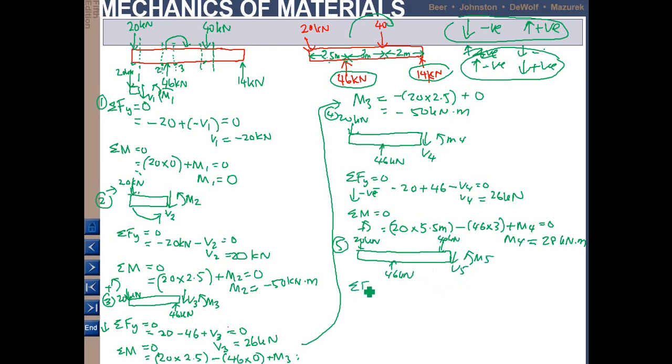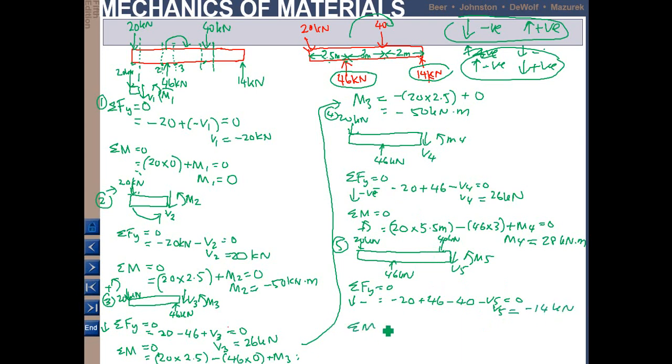The summation of all forces in the y direction is equal to 0, and if you consider going downward as negative, you get minus 20 plus 46 minus 40 minus V5 equal to 0. So V5 is equal to minus 14 kilonewton.